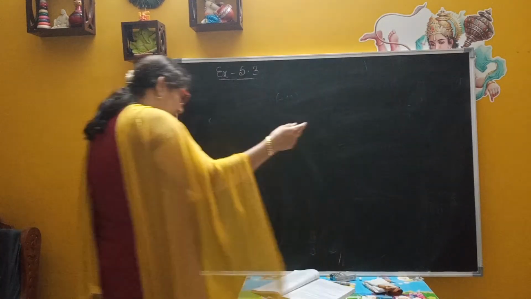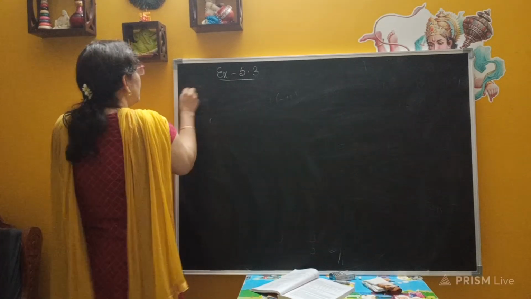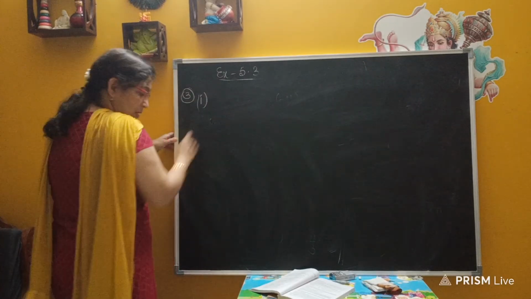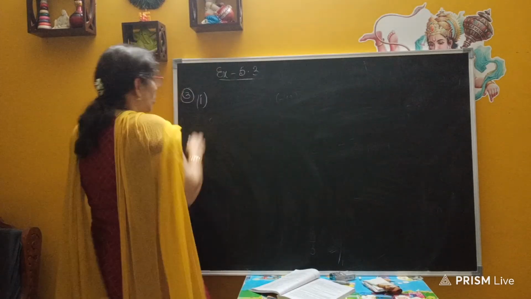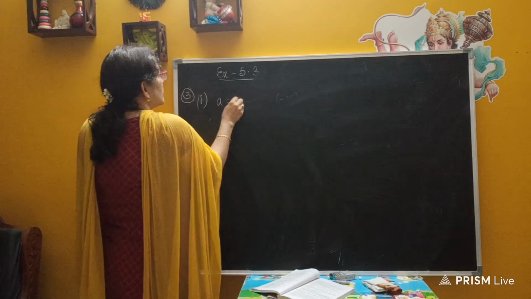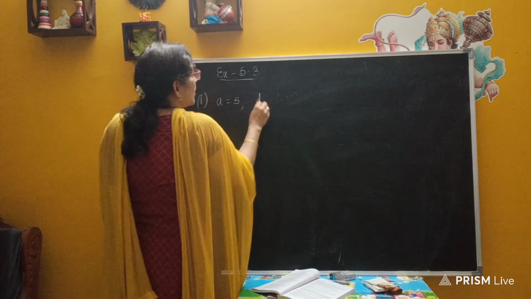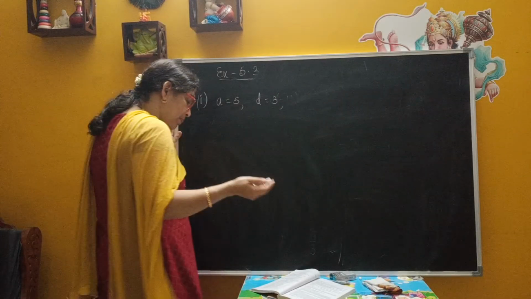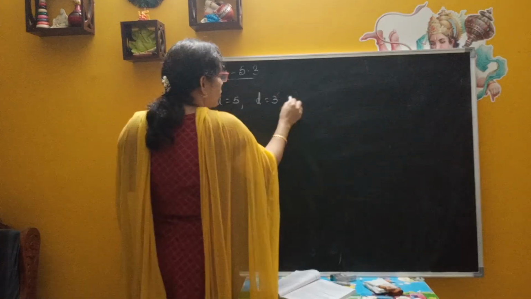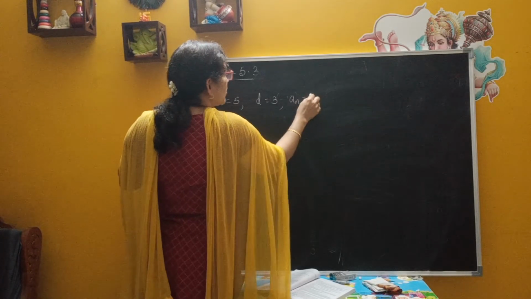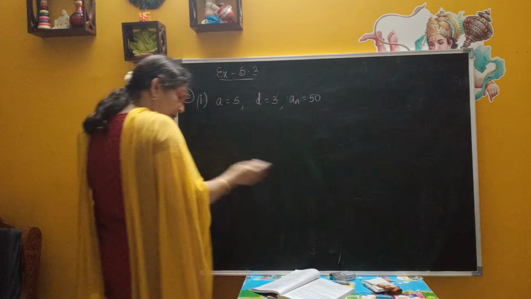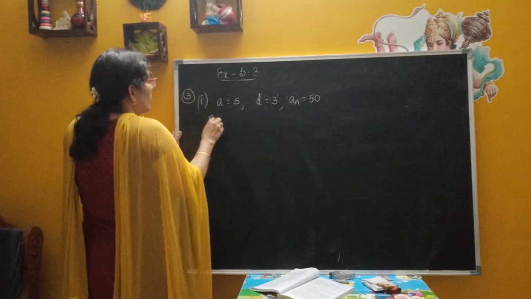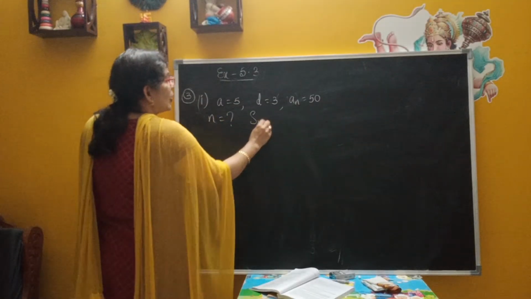In an AP, given a is equal to 5, d is equal to 3, an is equal to 50. Find n and Sn. That is, n how much? Sn how much?